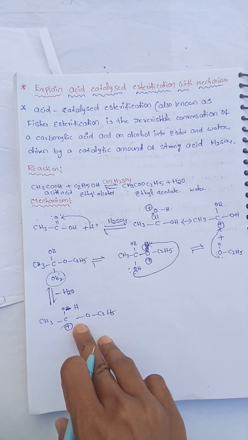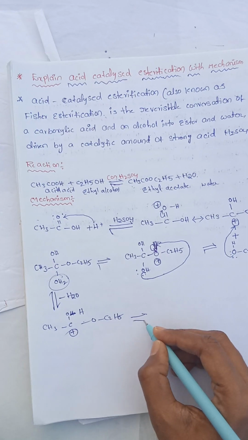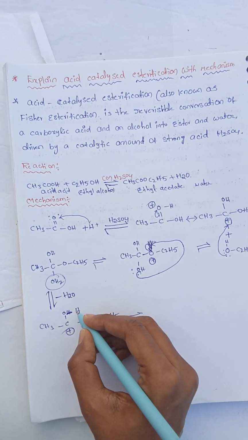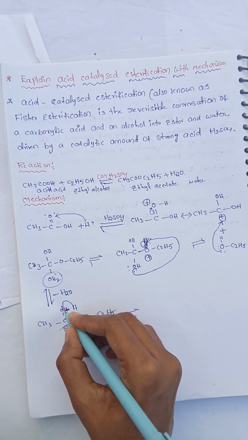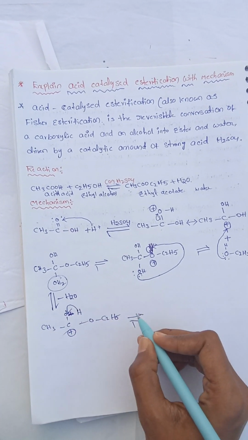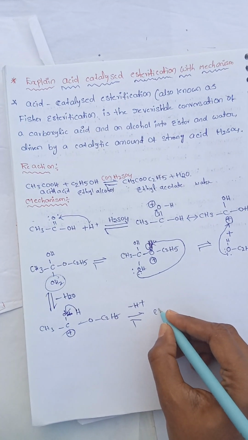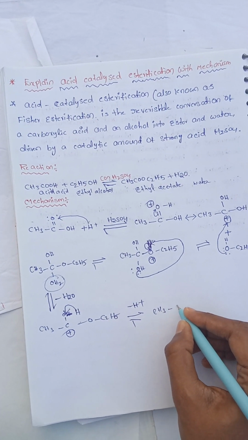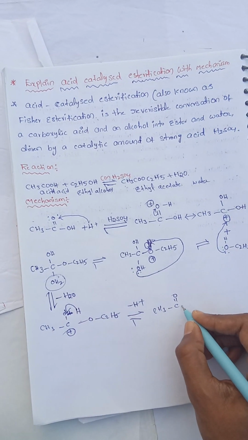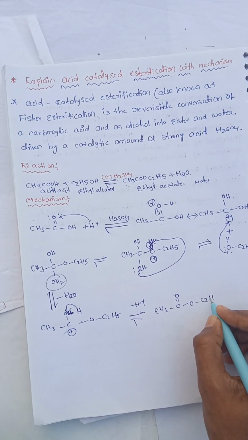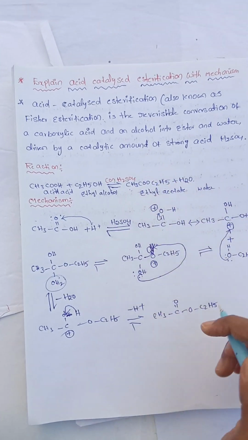That means this hydrogen is removed, attracted towards the oxygen side, that means minus H plus. So what is the product? CH3 C double bond O, then C2H5. That means CH3COOC2H5.